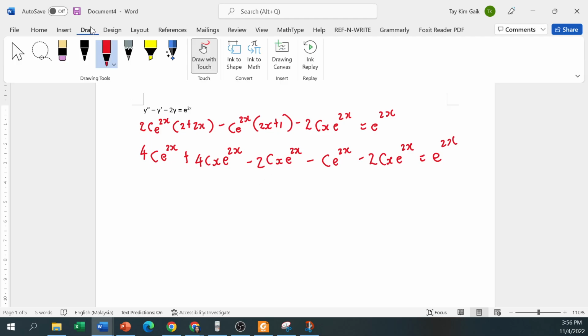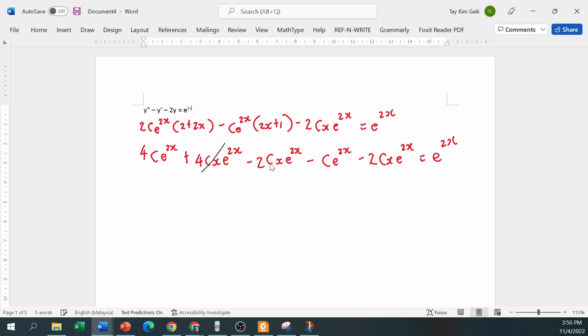So you see here the minus 2cx exponent 2x terms cancel. What you have left is 4cx exponent 2x minus c exponent 2x, so in total 3c exponent 2x compared with the right hand side exponent 2x.